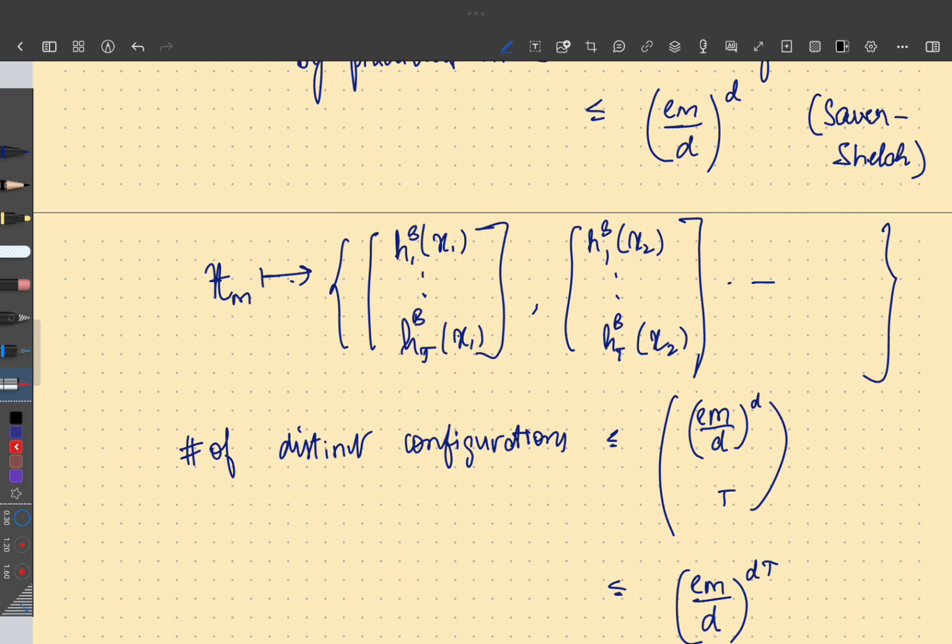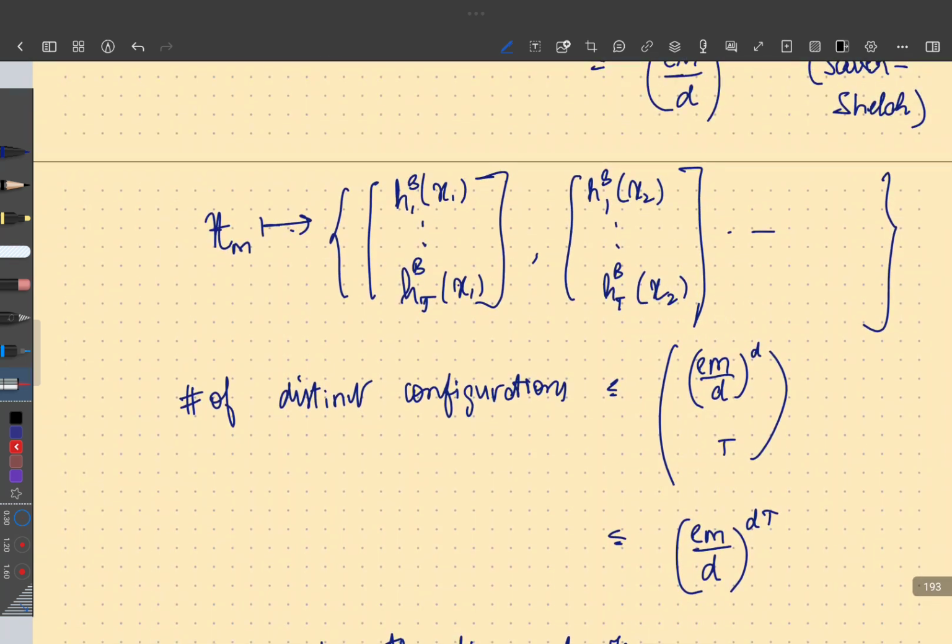So each xi is being mapped to these t points. xi could be some L dimensional vector, and now I'm mapping each L dimensional vector into a T dimensional vector through h1 through ht. Of course, this is restricted because each hi can take only values +1 or -1, but I'm not going to worry about that.